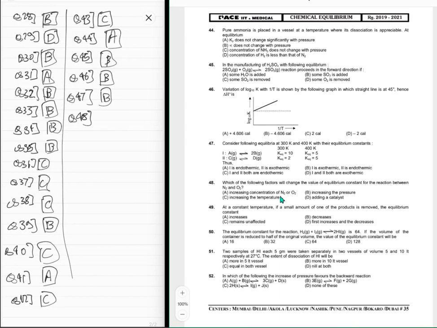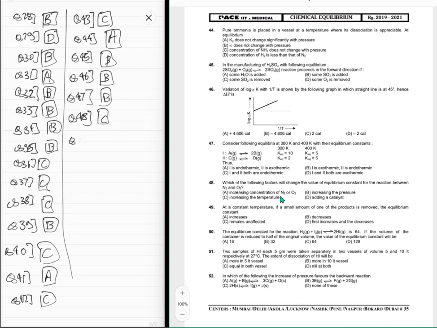A catalyst increases or decreases the rate of both forward and backward reaction simultaneously, but doesn't change the equilibrium constant. Increasing the pressure or the concentration of N2 and O2, A and B, also don't change anything, but C does change everything, as we just saw.